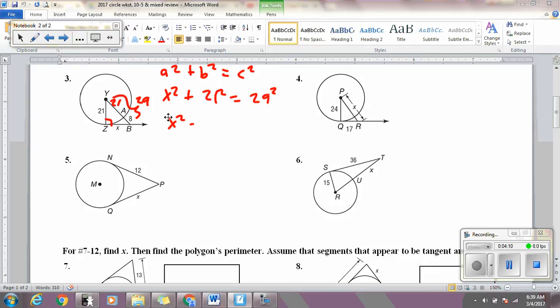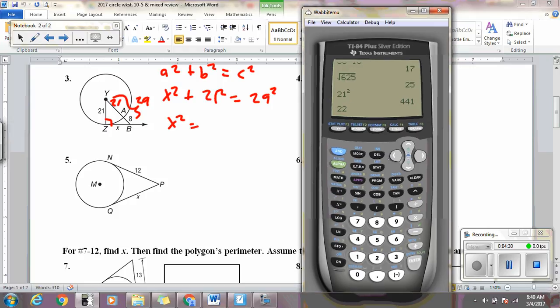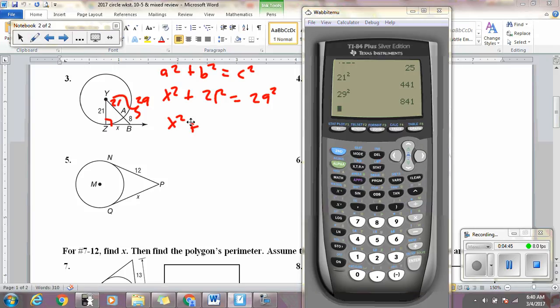So A is x, B is 21, and C is 29. So we have x squared plus 21 squared equal to 29 squared. I have not memorized those, so thankfully we have a calculator. So 21 squared is 441, and 29 squared is 841.